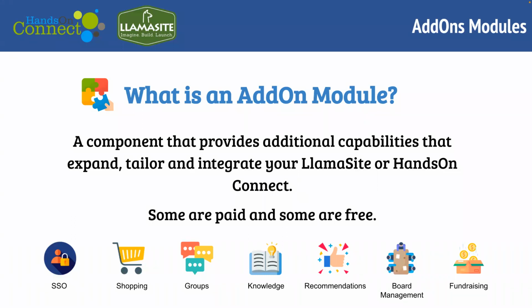You might have started using our tools for donor management or volunteer management, and now you want to create groups within them. Those could be ad hoc groups, fundraising groups, board groups and things like that. So now you have another option that you want to add to your existing LlamaSite or HandsOn Connect.